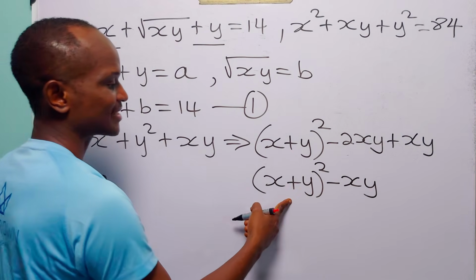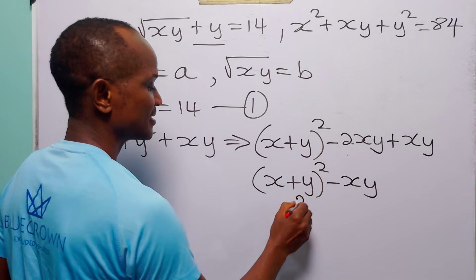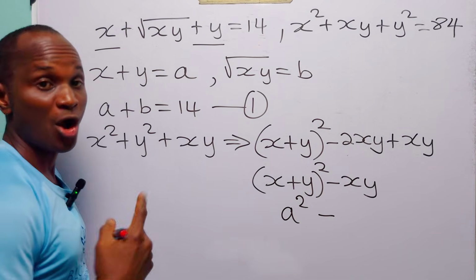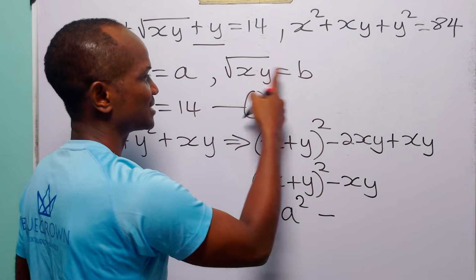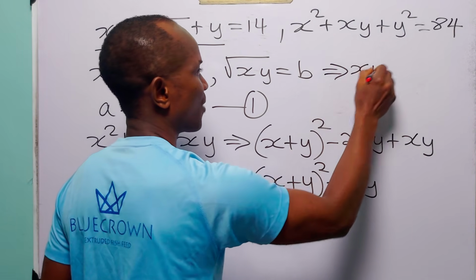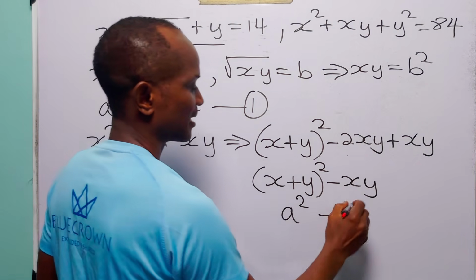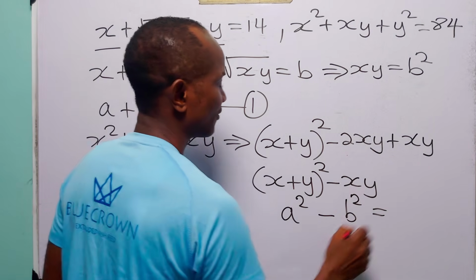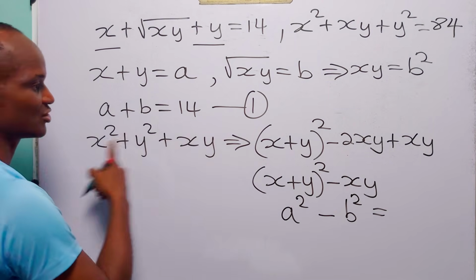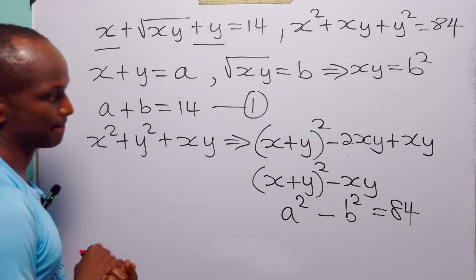Now remember that x plus y is equal to a. So this is a squared minus, of course, you know that when we square both sides of this equation, we have that xy is equal to b squared. So this is b squared. And of course, you know that the second equation is equal to 84.